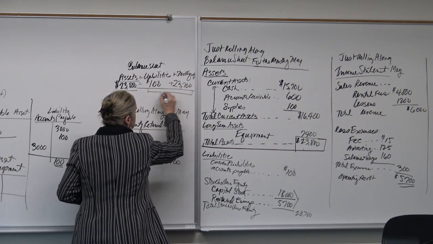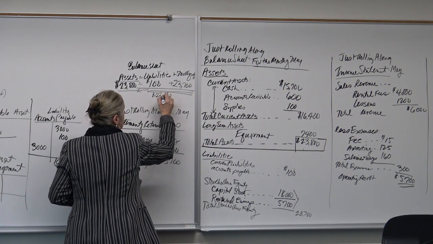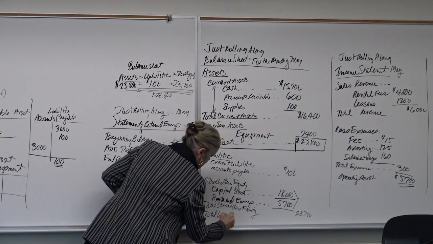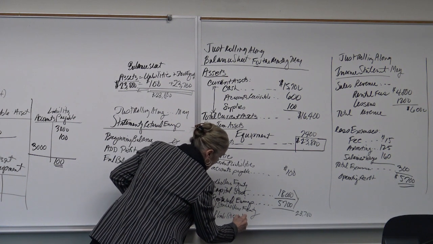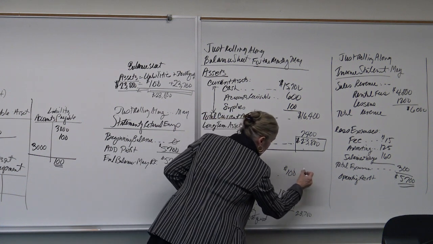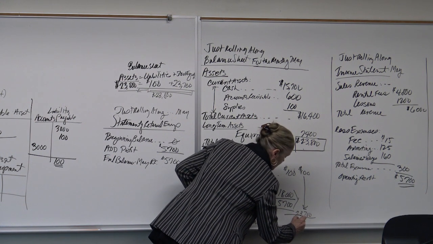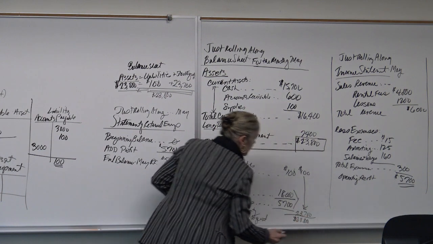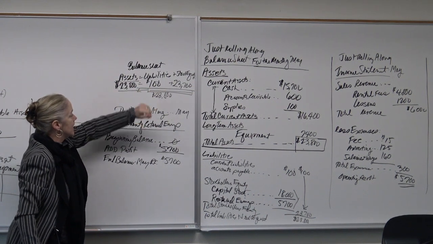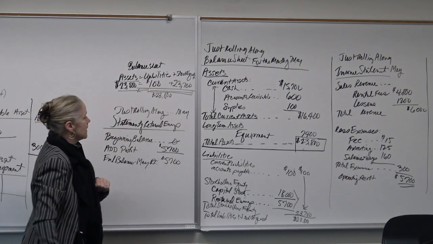So I'm going to say total liabilities plus stockholders' equity. 100 plus 23,700, I'm at 23,800. And that does balance, the same as my assets.